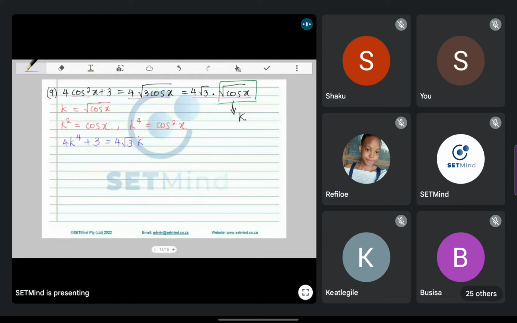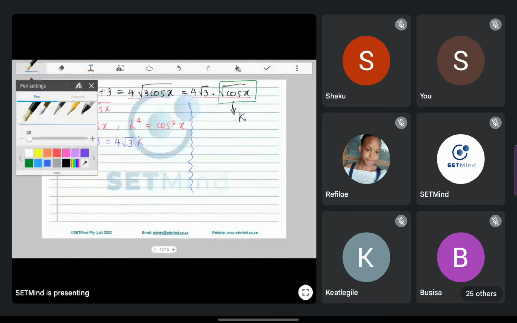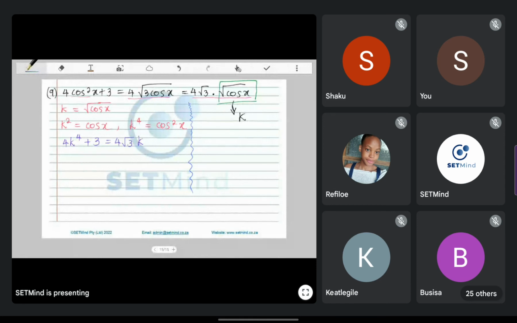Okay, rather let me make this simpler. I'm going to square the left and the right to remove that square root, keeping it simple. So I'm going to come back to my solution.